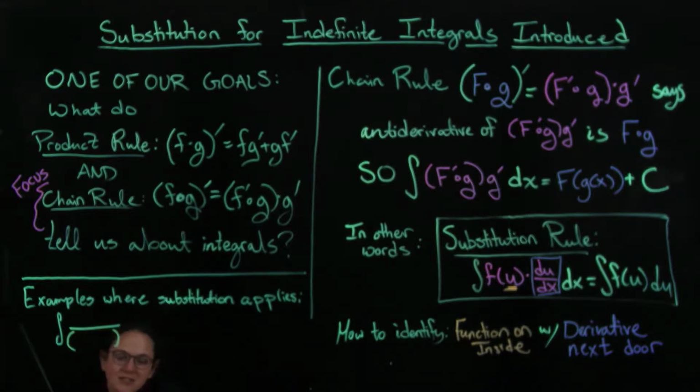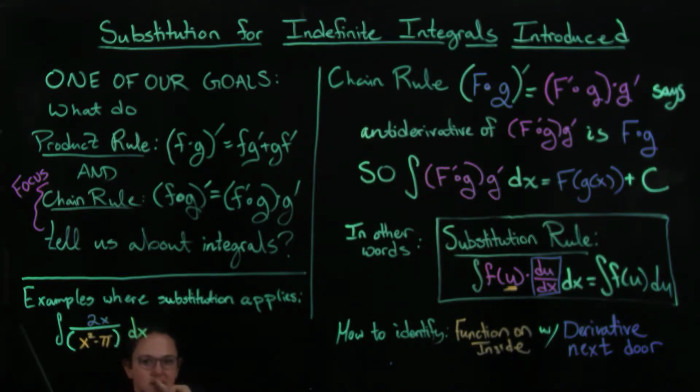My function on the inside could be x squared minus pi. What would I see on the top there? The derivative next door can end up being up here. This is the derivative of that function, dx. Okay, so that's one example.